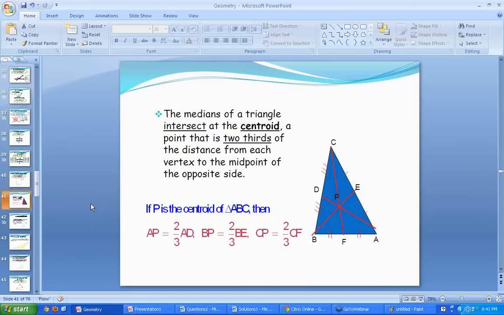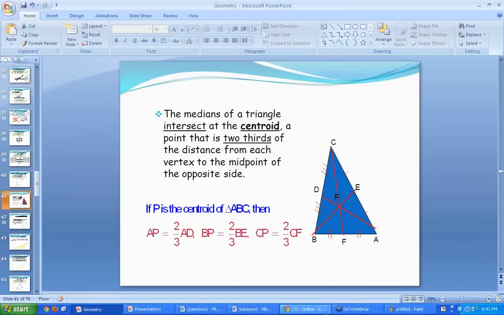Now the medians of a triangle intersect at the centroid, and this centroid divides the median in a ratio of 2:3.